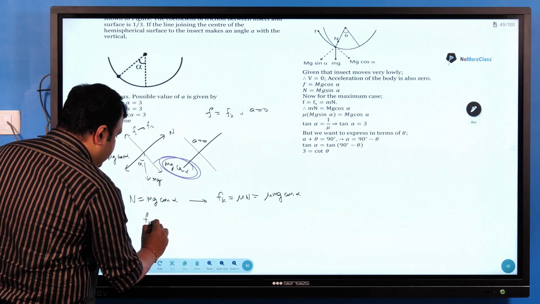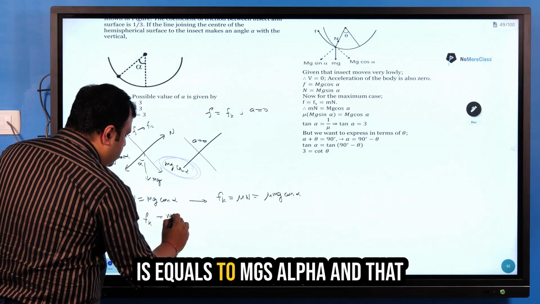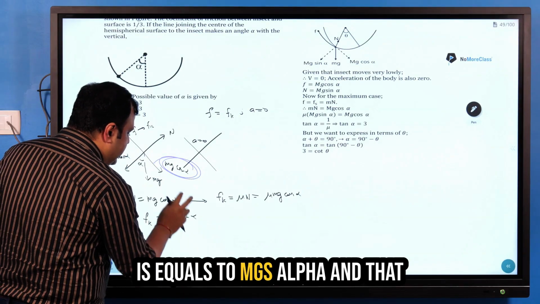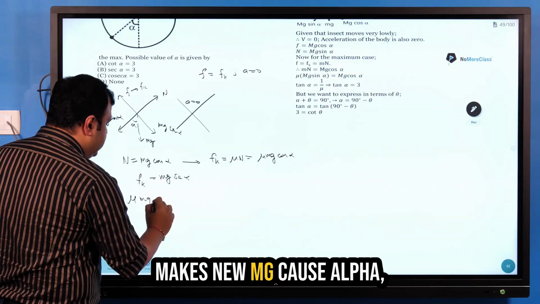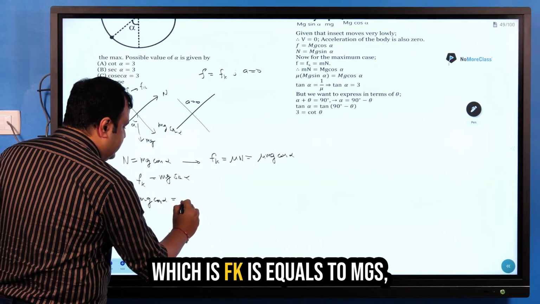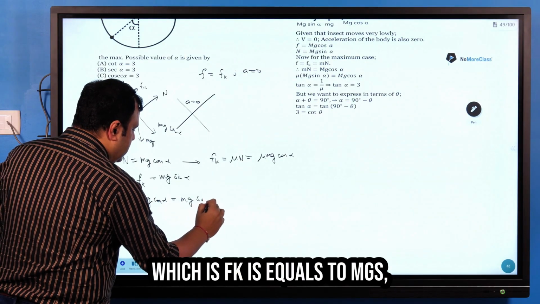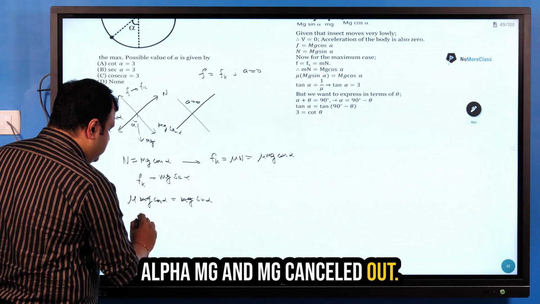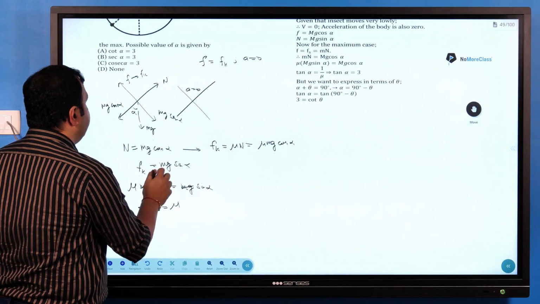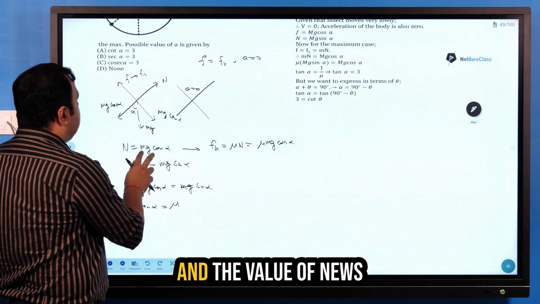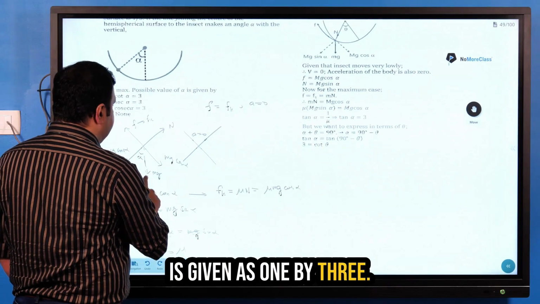So Fk is equal to mg sin alpha, and that makes mu mg cos alpha equal to mg sin alpha. mg and mg cancel out. Tan alpha becomes mu, and the value of mu is given as 1/3.